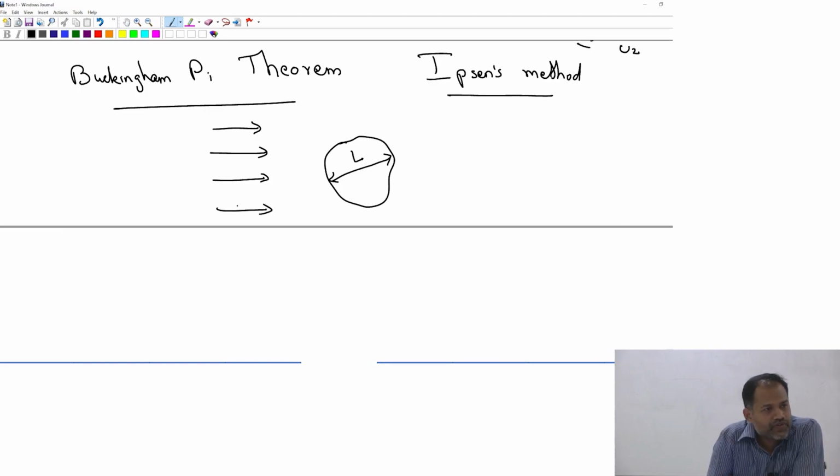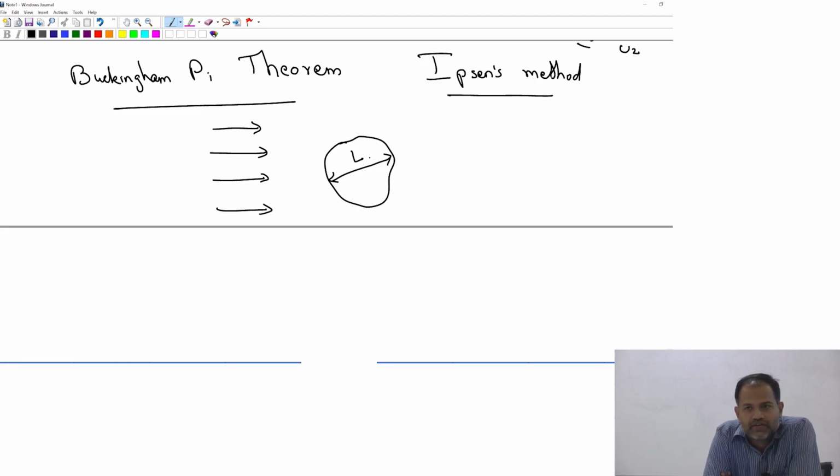Okay, and one of the questions that we posed was, what is the force that this object would exert on the fluid? Because we are keeping the object stationary, that means the fluid is going to slow down. So that means the object is exerting some force on the fluid flow. Okay, and you want to know what is that force.